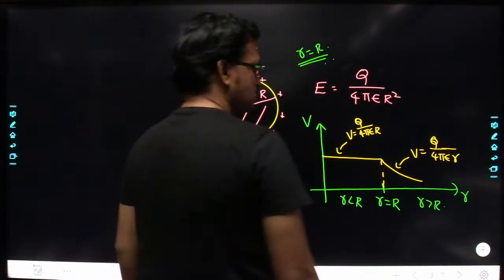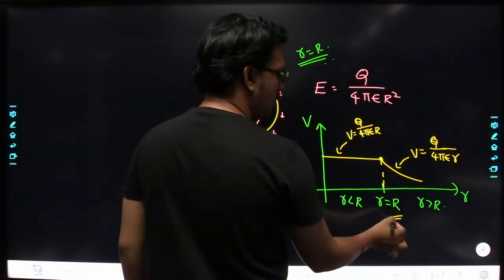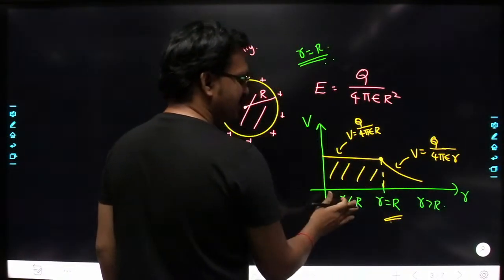So this is on the surface of the sphere, at r equal to R, and this region is inside the sphere.